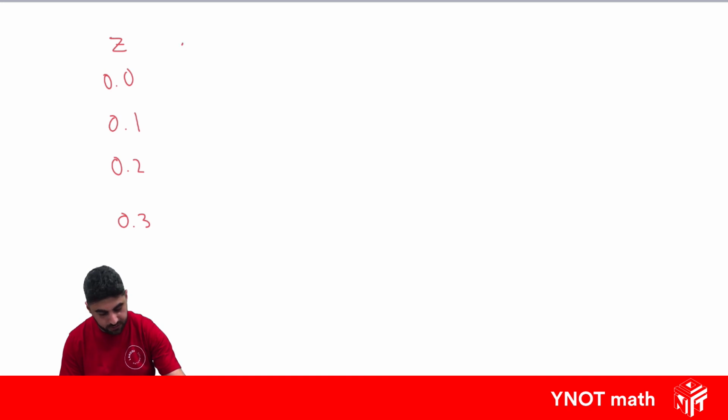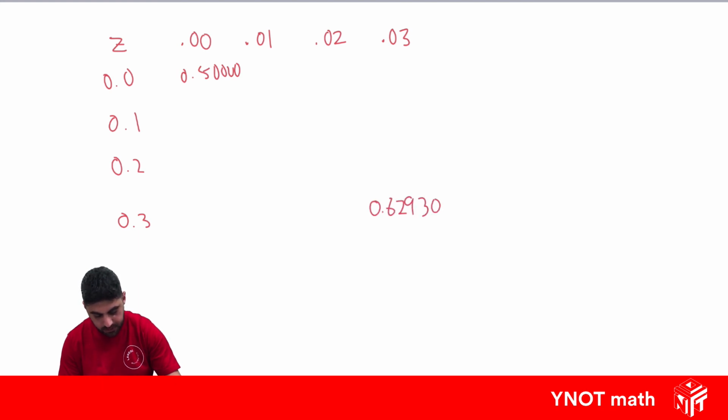Then up here you'll have 0.00, 0.01, 0.02, 0.03. And you'll have various values for the probability in here. So you might have 0.50000 in there. Down here, you might have 0.62930, or you do have that.